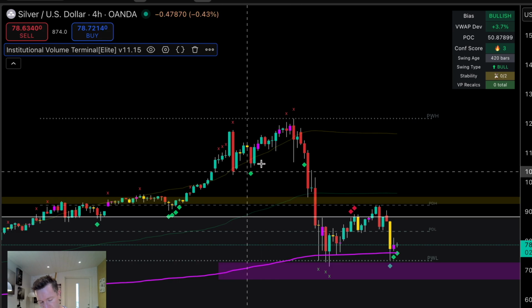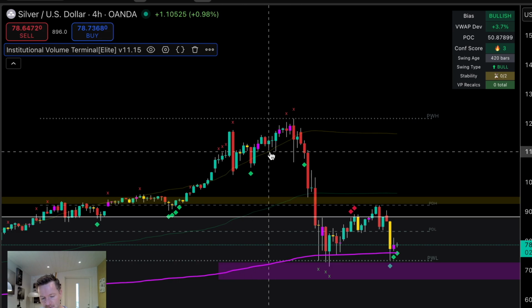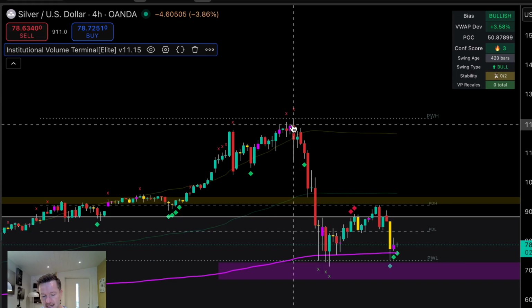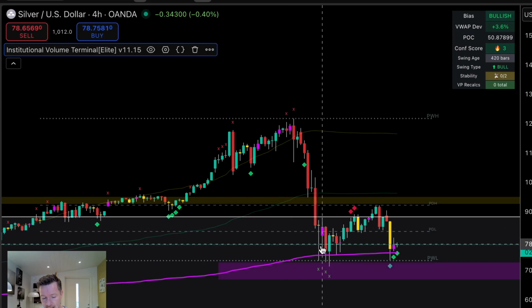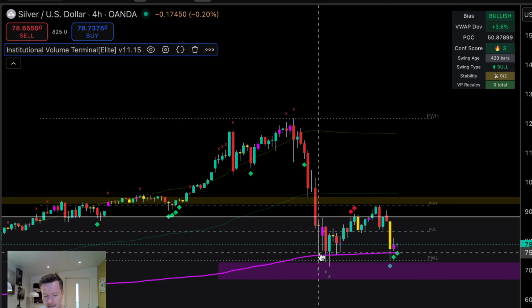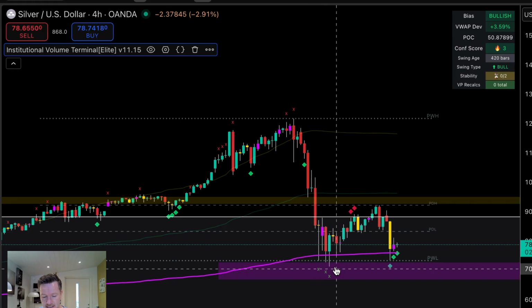And as you see, the absorption starts to dry up here. That means the institutions are not willing to buy into this trend anymore. And we then see a very huge drawback down to the AVWAP and even the magnet zone.